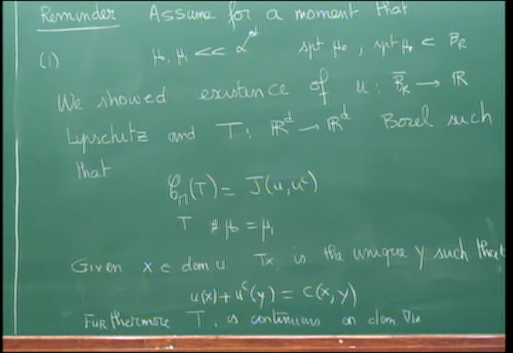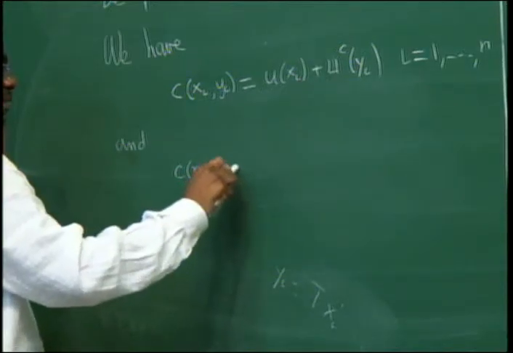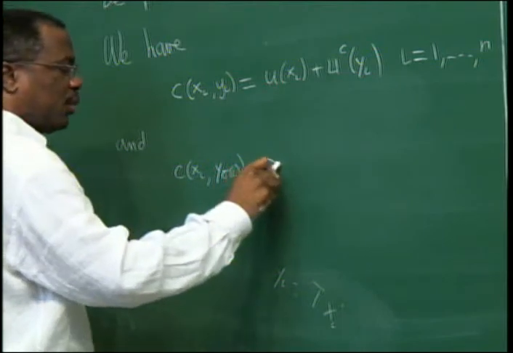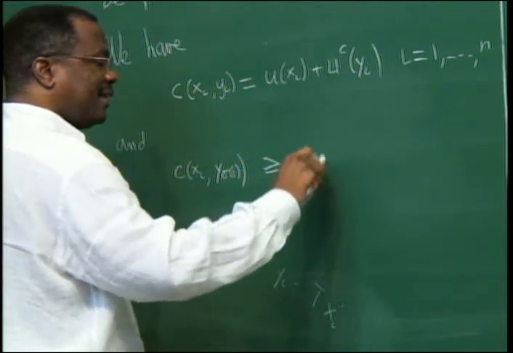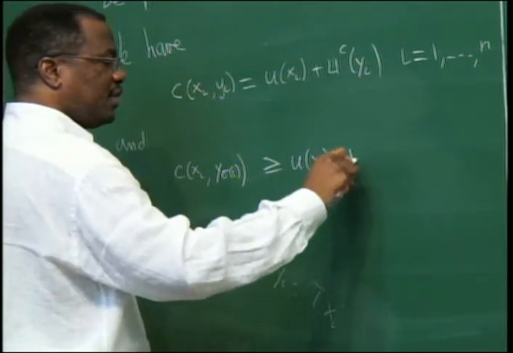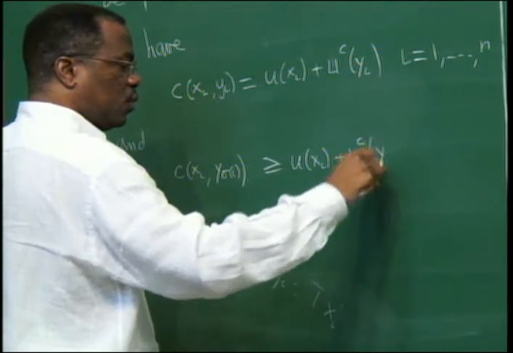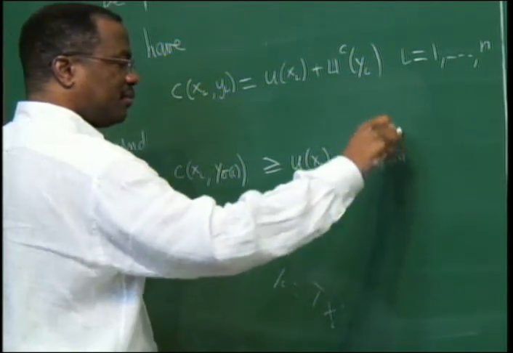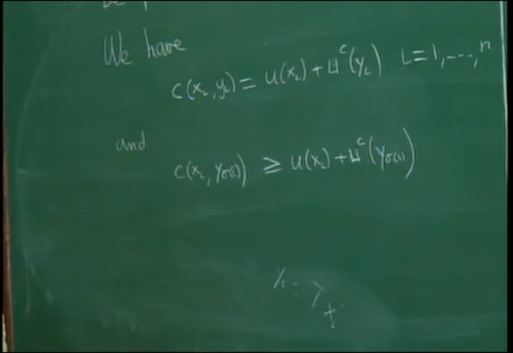And we have C of x_i, y_sigma(i) is greater than or equal to U of x_i plus U^c of y_sigma(i). Okay?